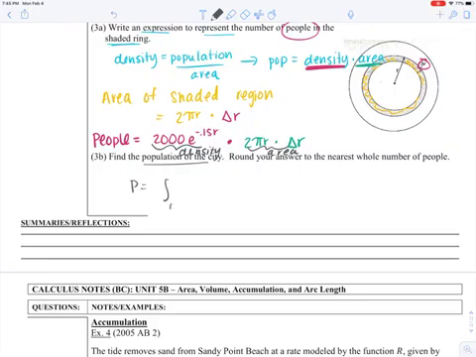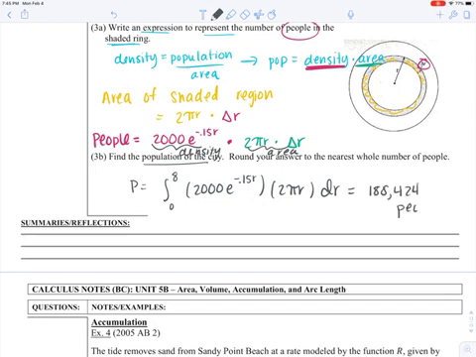Well, we're going to go from 0 to 8 because it was an 8-mile radius, of the 2,000 e to the negative 0.15r times 2 pi r dr. You can plug that in your calculator and really quickly find that you get 188,424 people. So why is there this extra 2 pi r? Because we're dealing with a region that is circular, okay? And this idea that it's density times area, okay?